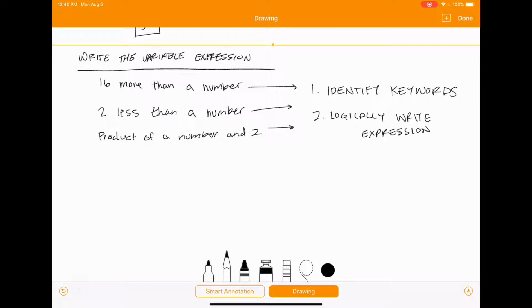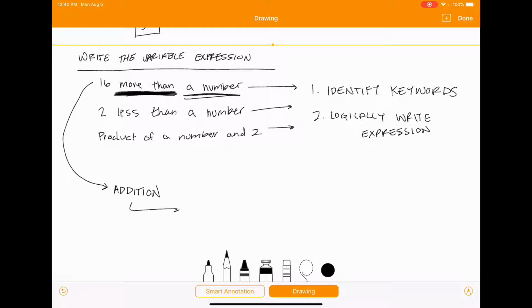So, in this first one, 16 more than a number. The words that are going to be important, your keywords for this one, are going to be more than. So another way of interpreting more than is going to be addition, because you want to add on to become more than this number.